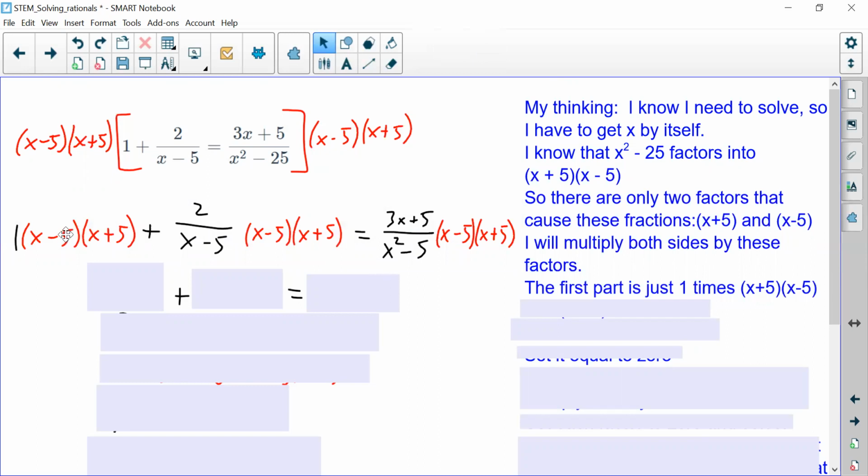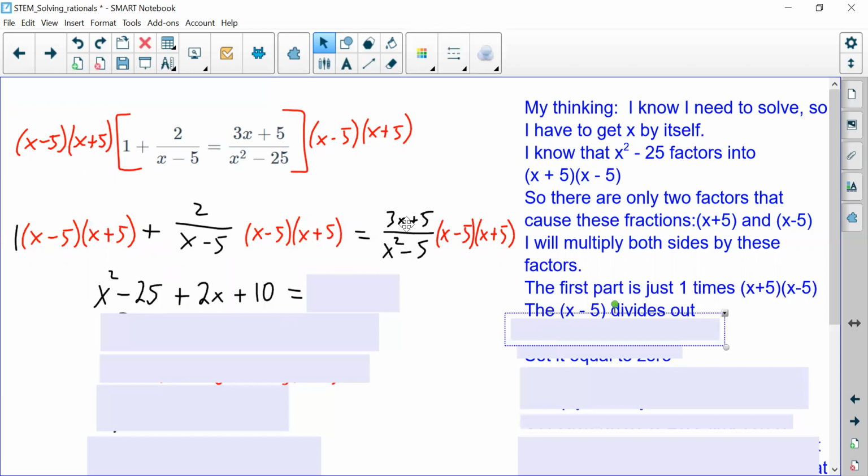So the first one is just 1 times this. Unfortunately, nothing cancels out. So I know that x minus 5 times x plus 5 is just x squared minus 25. The second one, the x minus 5s cancel out, so I'm left with plus 2 times x plus 5, which is 2x plus 10.